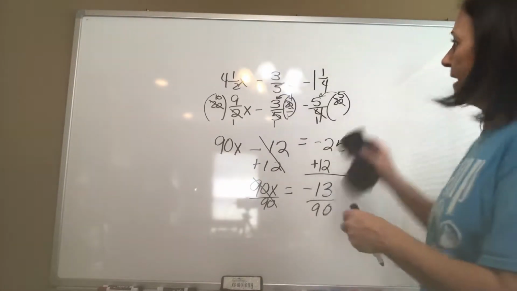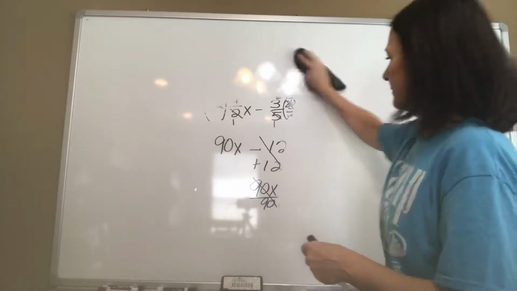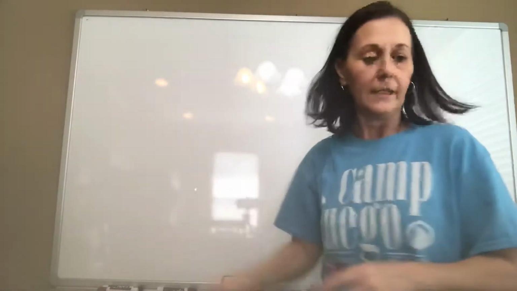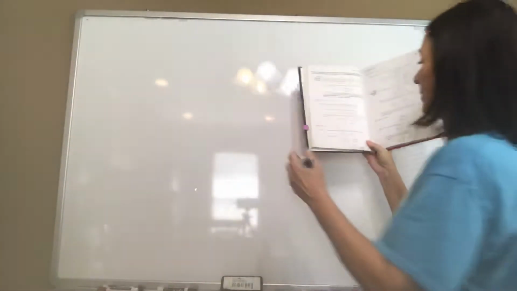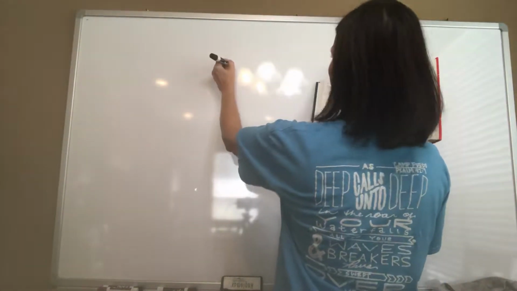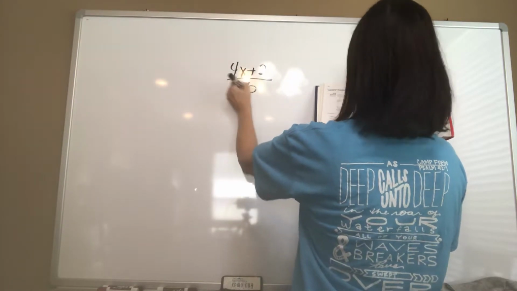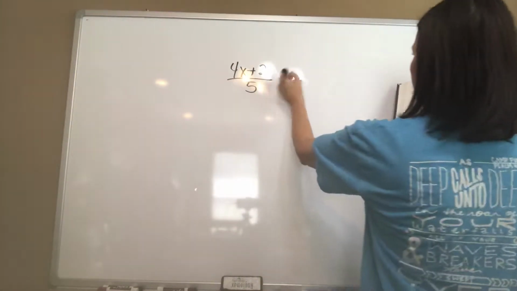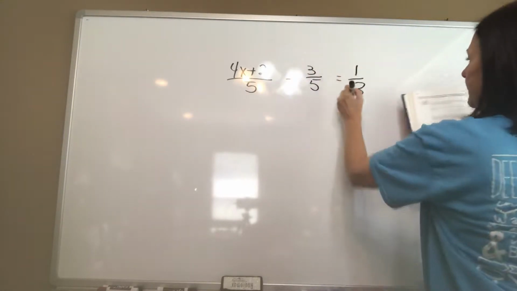The second example has a binomial in the numerator. We're still going to eliminate the denominator, but now we have to distribute whatever we're multiplying it by to both terms in this binomial right here. Minus 3/2 equals 1/3.